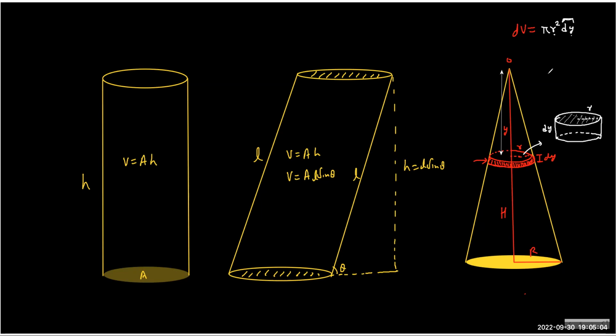Now for any cone, we know the relationship. How to find the y, r, H, capital R relation?